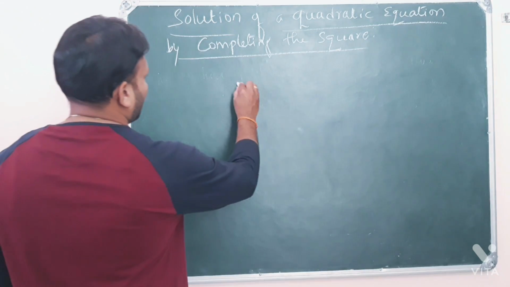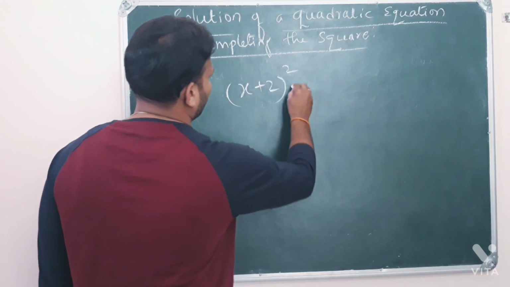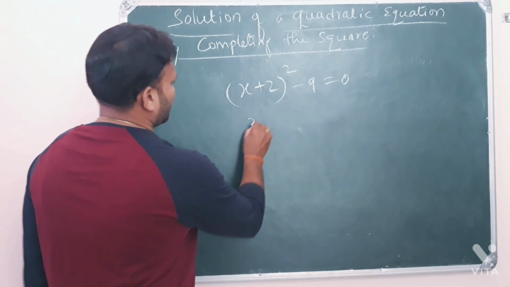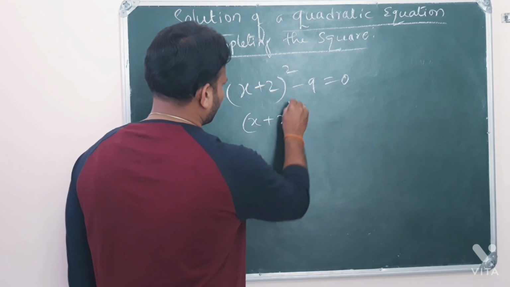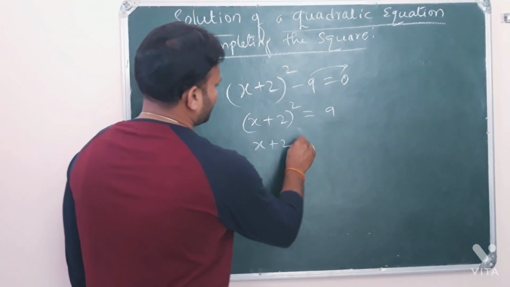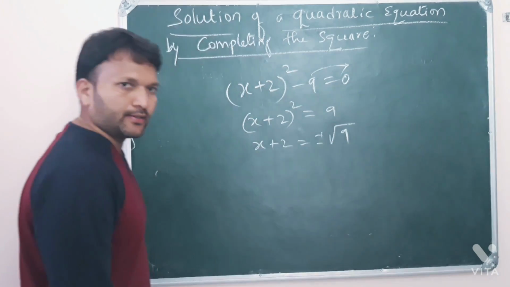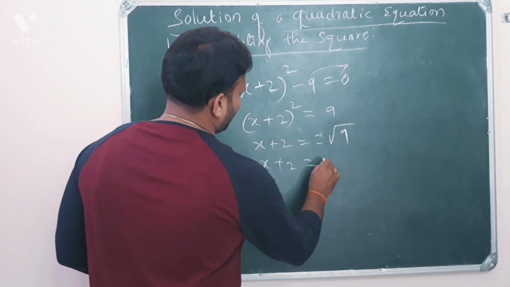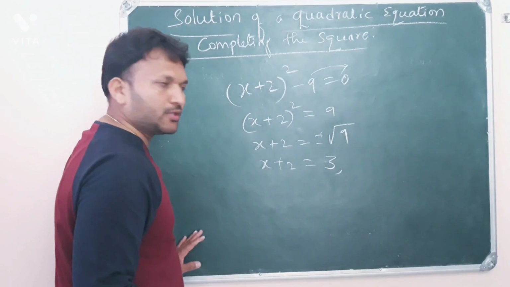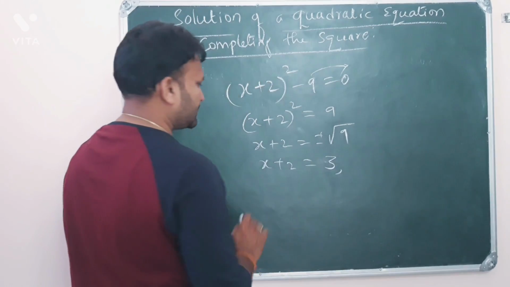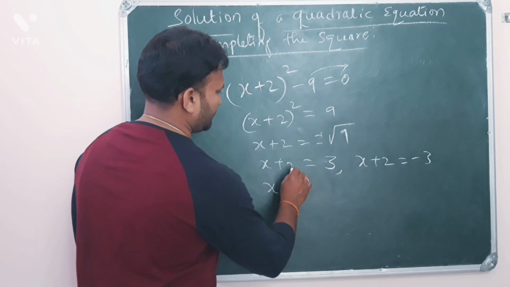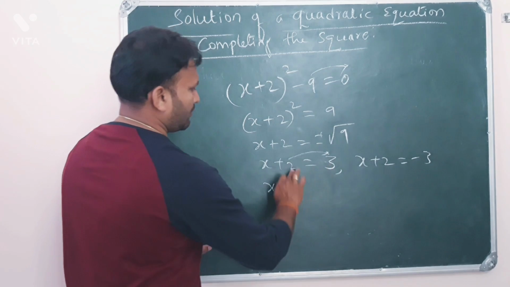Let us take x plus 2 whole square minus 9 is equal to 0. Again here it's also very simple. x plus 2 whole square is equal to 9 if I take 9 this side, and x plus 2 is equal to plus or minus root 9, that is plus or minus 3. So x plus 2 is equal to 3 in one case, and x plus 2 is equal to minus 3 in the other. x is equal to, if I take it this side, 3 minus 2, that is 1.